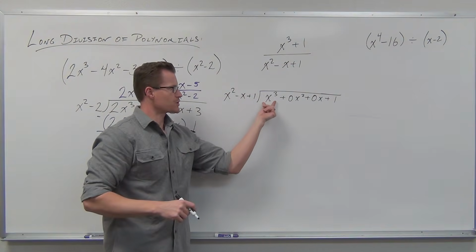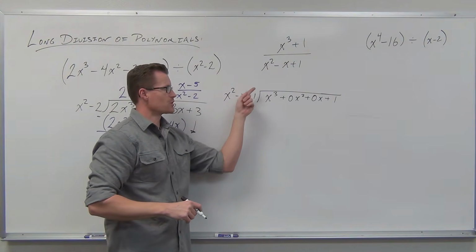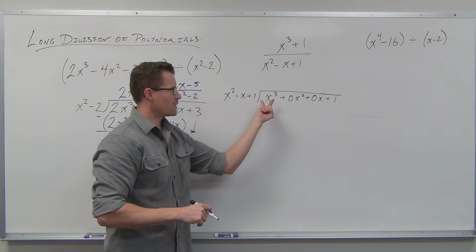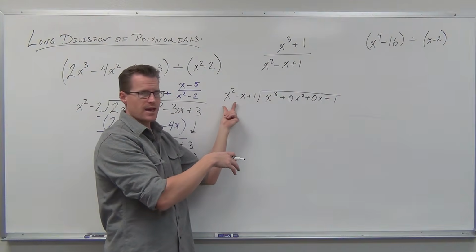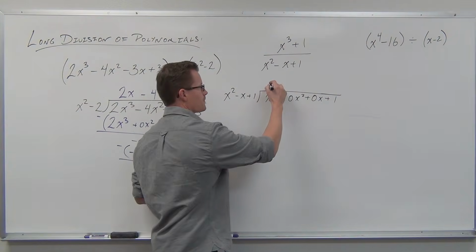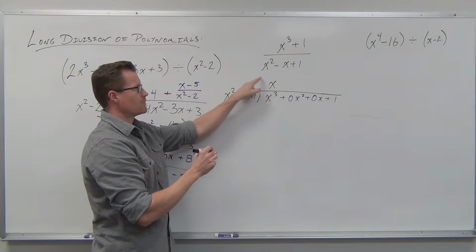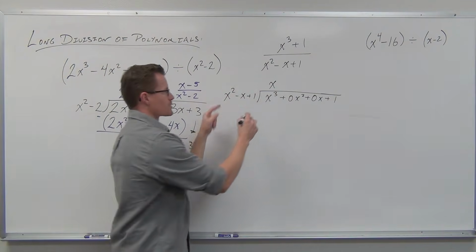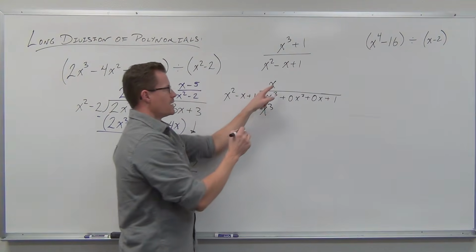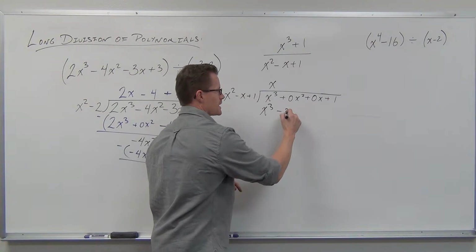I let my first term divided by my first term dictate what my quotient is, so you don't have to write it out separately if you don't want to. X to the third divided by x squared is going to give you x. Then we distribute to everything. X times x squared is x to the third. X times x is x squared.